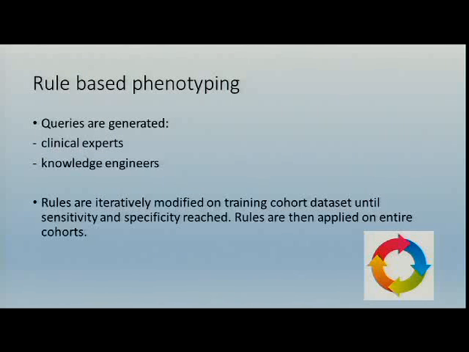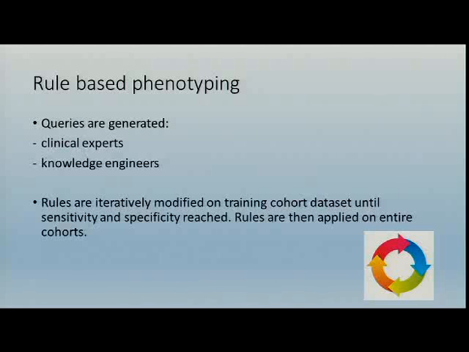If you look a little bit in depth at how rule-based phenotyping works, basically you generate rules, typically by clinical experts. They sit together, they decide what defines something that they're interested in, and they are also responsible for curating databases, generating what a gold standard might look like. The knowledge engineers then take those clinical concepts, they map them to the data that exists in the EMR, which is not in a clinically relevant form.